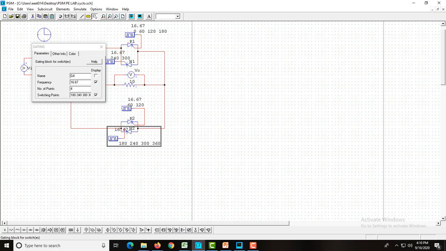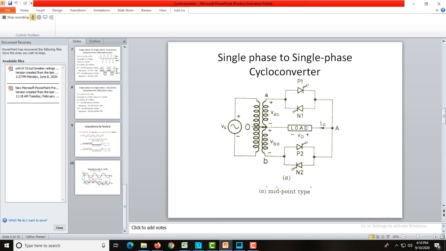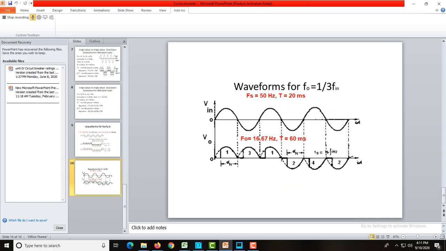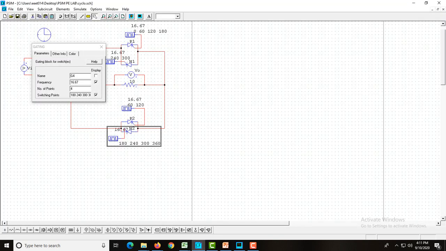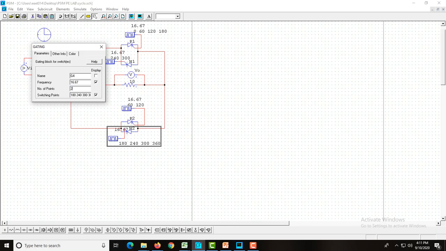So this is the negative half cycle, which means N1 will be conducting here. So we have to change N1 so that it conducts 180 to 240 N1, 240 to 300 N2, 300 to 360 again N1.